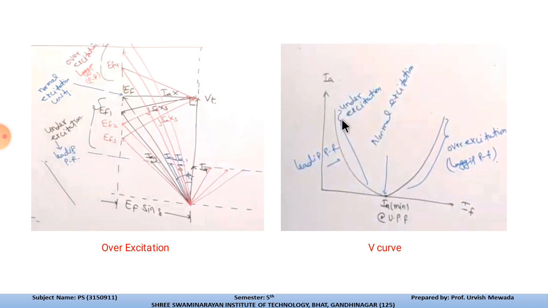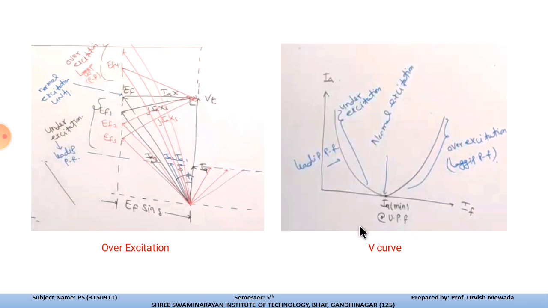For different values of the field current, whenever the field current is normal or in under excitation mode, the armature current requirement will be more, and as you gradually increase the field current, the armature current will gradually decrease, and at the point where we reach the normal excitation mode, the armature current Ia will become minimum.